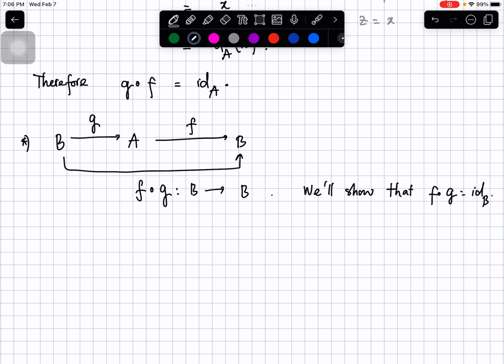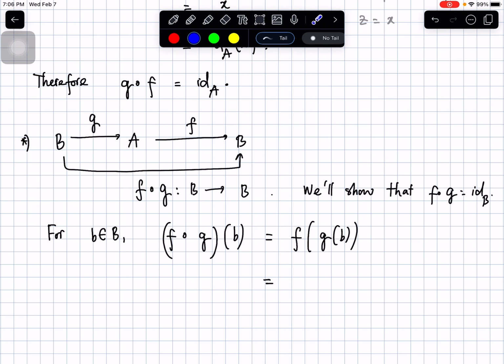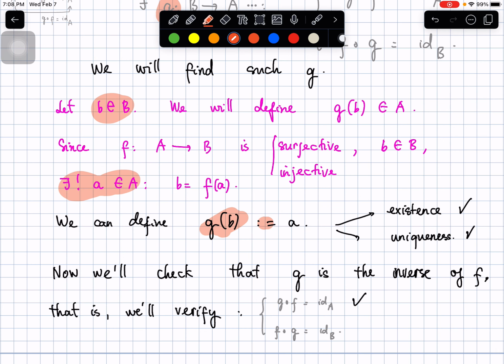So now for small b in big B, f dot g of small b is f of g of small b by definition of composition. g maps this b to g of b, an element in A. That g of b is defined as a, where b equals f of a.